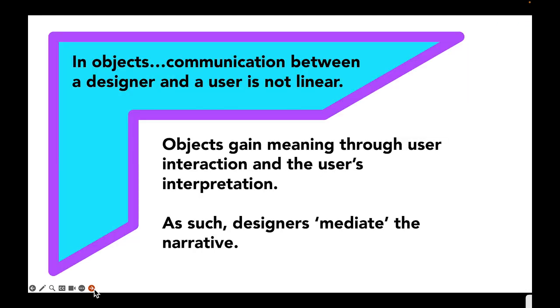In objects, communication between a designer and a user is not linear, so we don't always understand what we're supposed to do with the object. However, as a designer, we can embed meaning into those objects so that a user can interact with it and interpret it successfully.